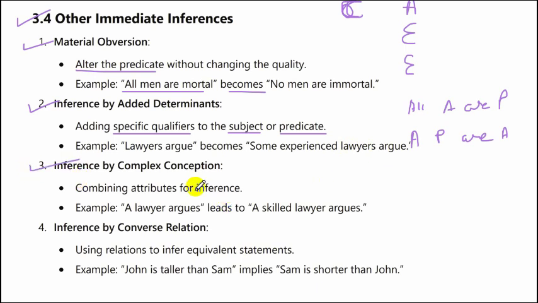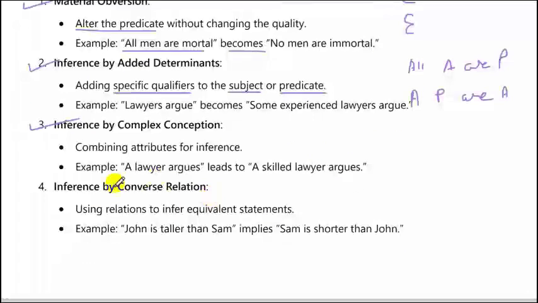Inference by complex conceptions. Combining attributes for inference. For example, a lawyer argues leads to a skilled lawyer argues. So this is complex conceptions.